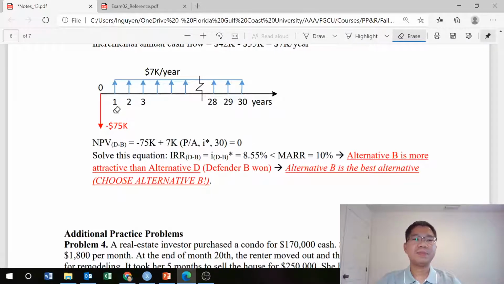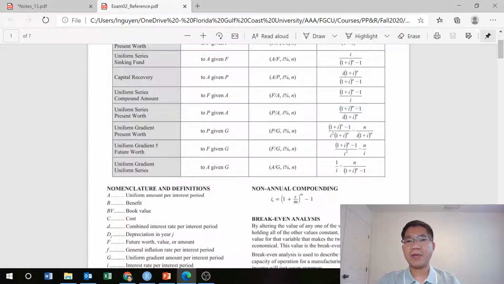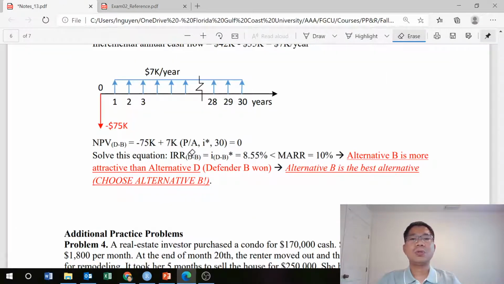NPV is negative 75,000 plus 7,000 P over A, i star, 30. Put in your calculator with the P over A equation again, i unknown, N equal to 30. Then you have the incremental IRR of D minus B equal to 8.55%.